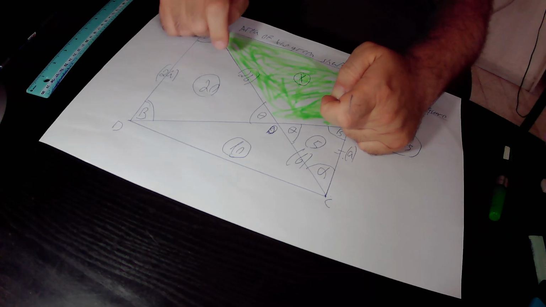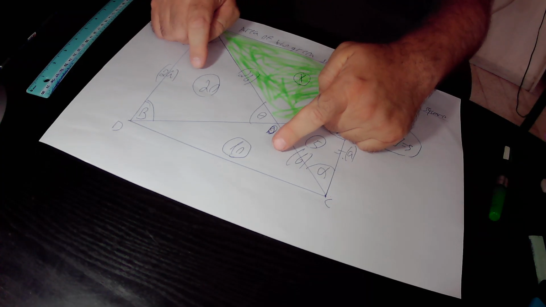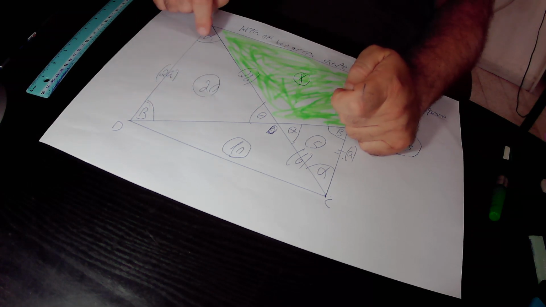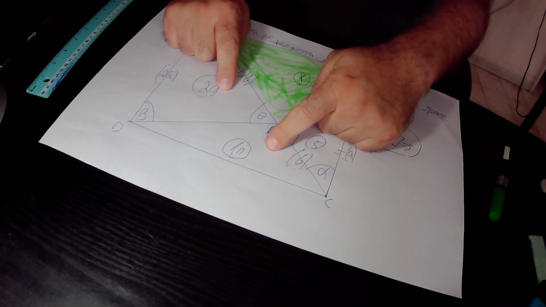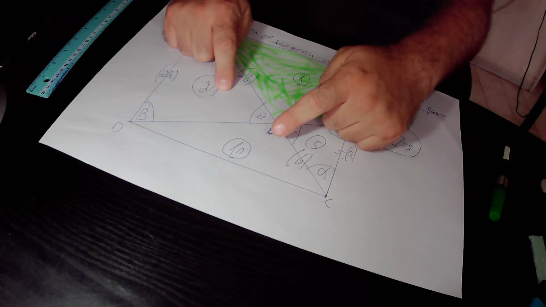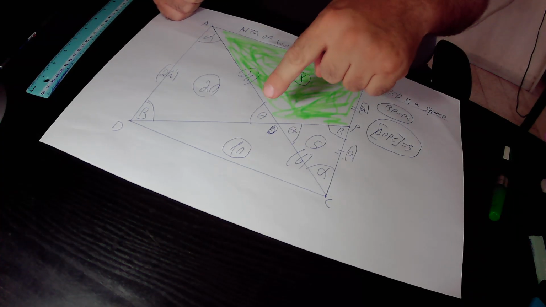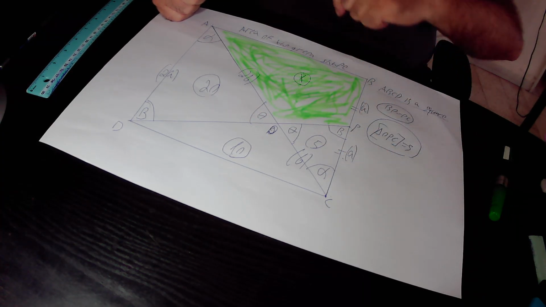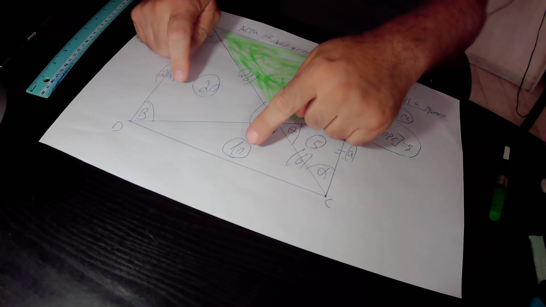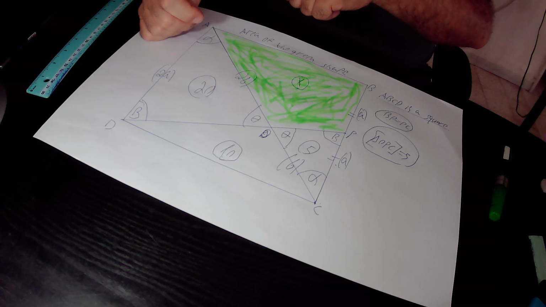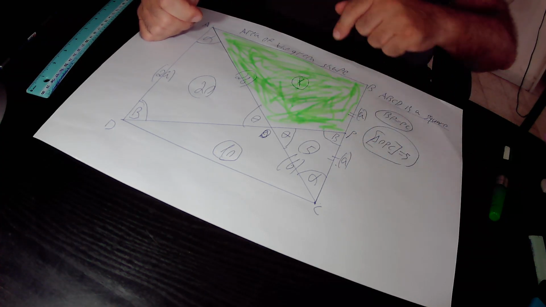According to Rule 23, the ratio between them is equal to the ratio between their corresponding bases. The base of triangle ADO is AO, and the base of triangle ODC is OC. So the ratio is AO over OC.